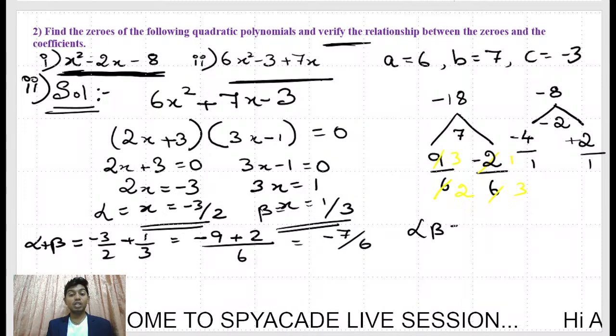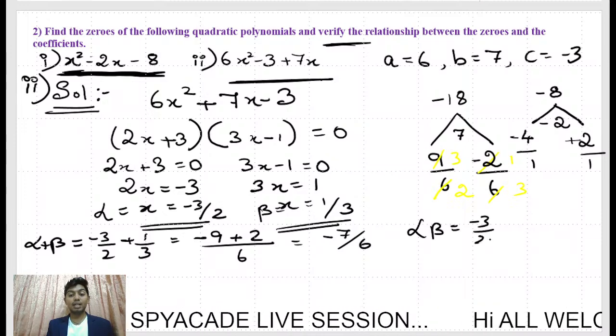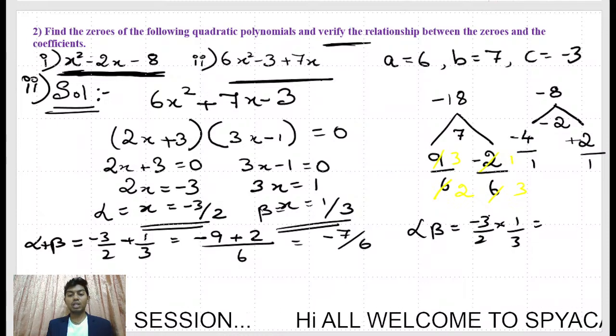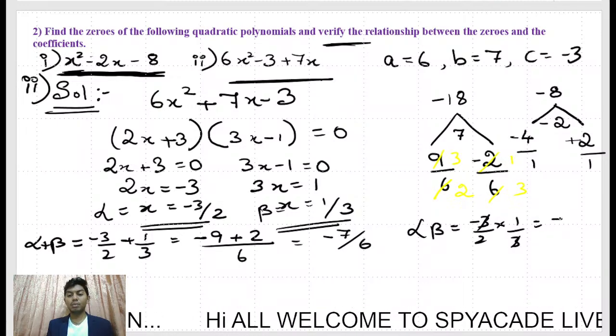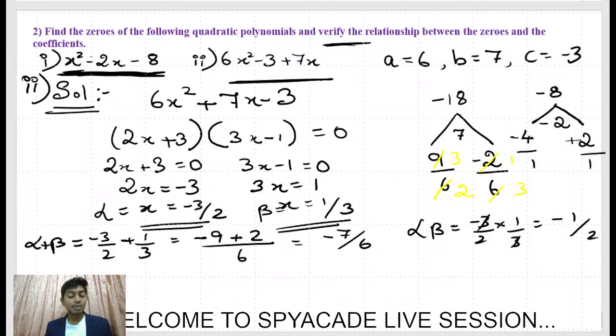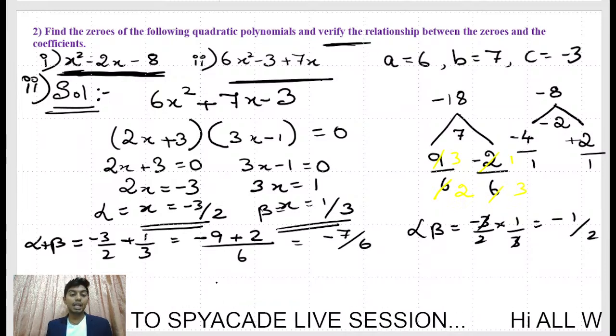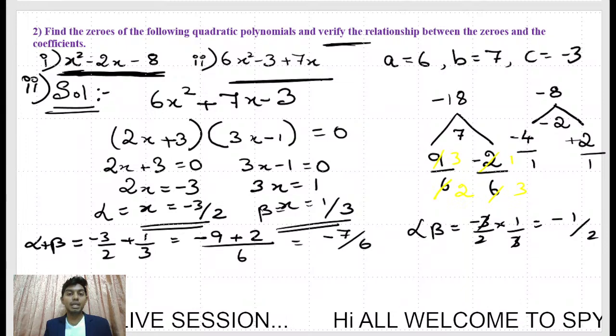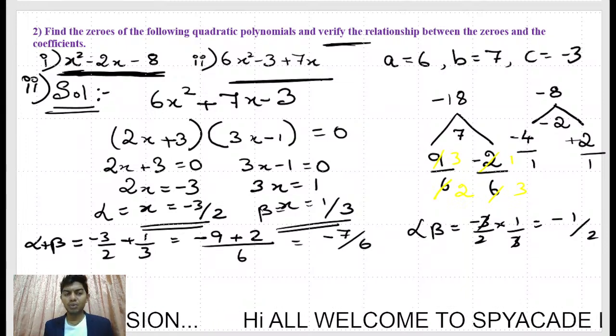And alpha into beta, you will get minus 3 by 2 into 1 by 3. The 3 will get cancelled, and you will be getting minus 1 by 2. Alpha plus beta is minus 7 by 6, and alpha into beta is minus 1 by 2. This is what we found based on the values which we received.